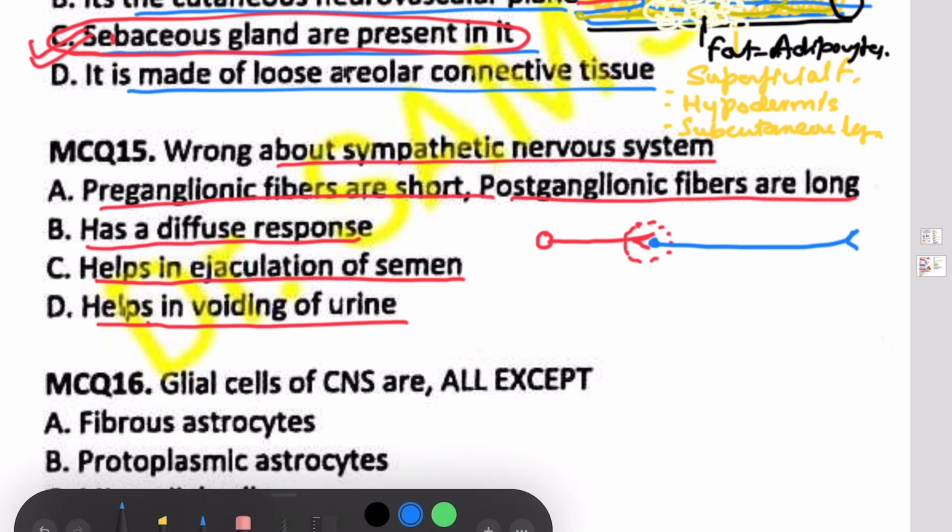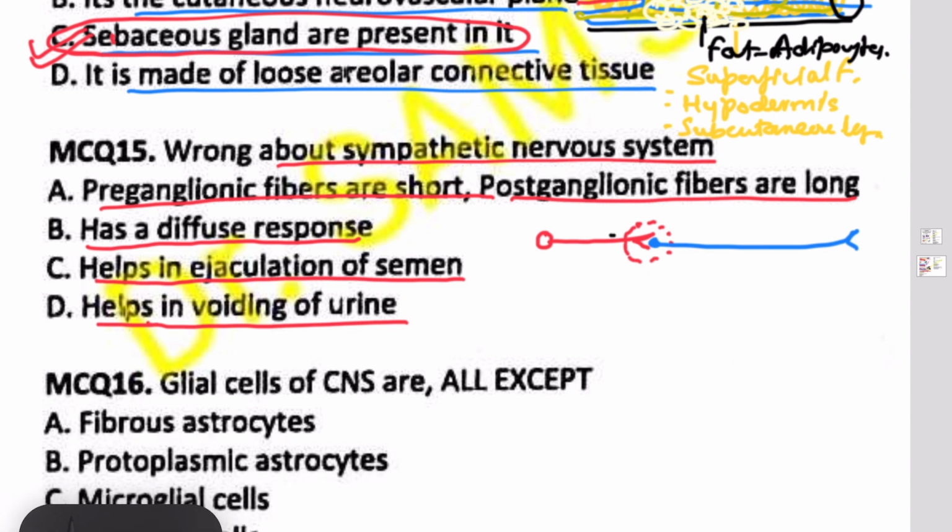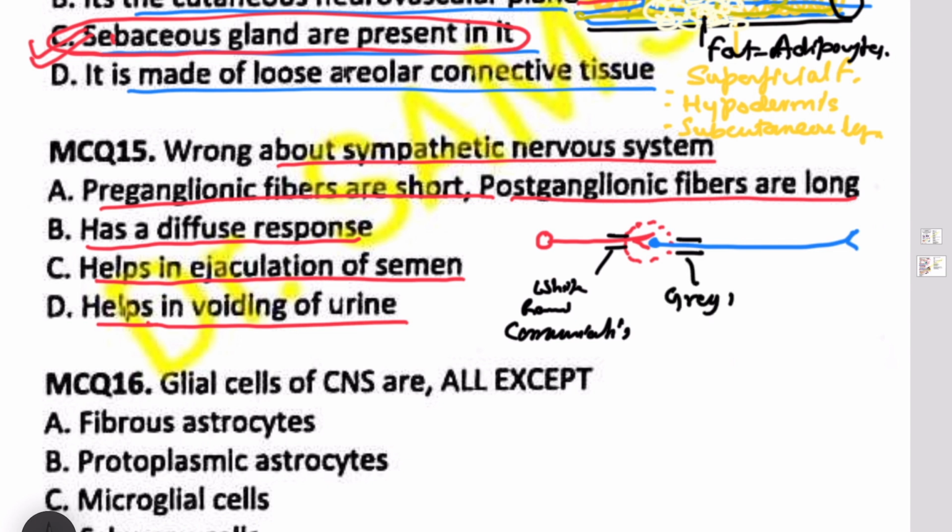The passage to the sympathetic ganglion for the preganglionic fibers is through the white rami communicantes, and the postganglionic fibers emerge out through the gray rami communicantes.